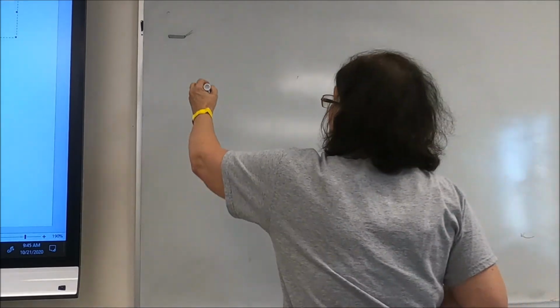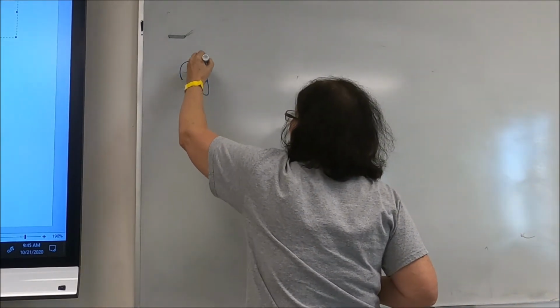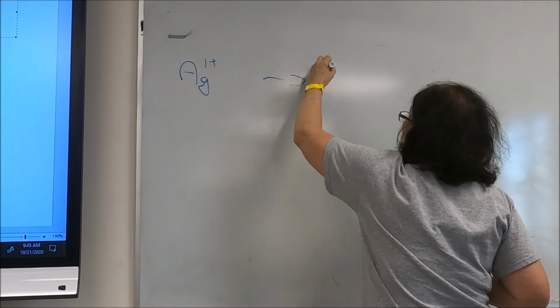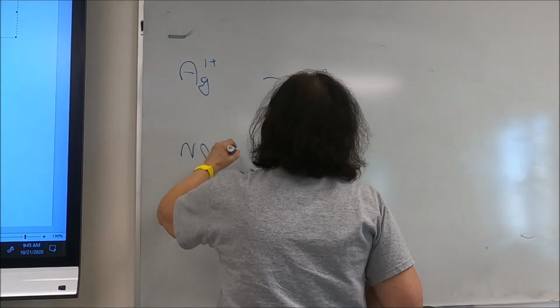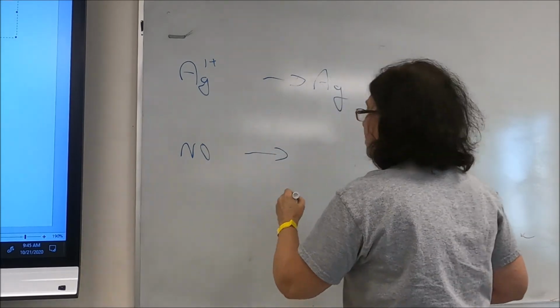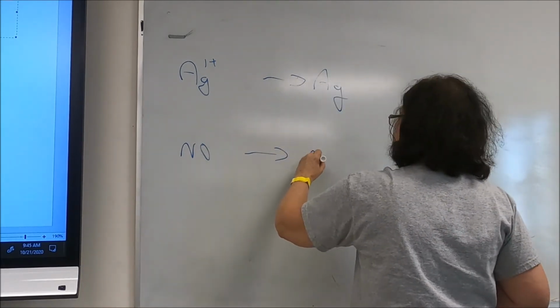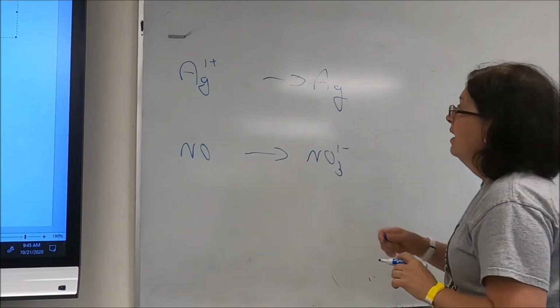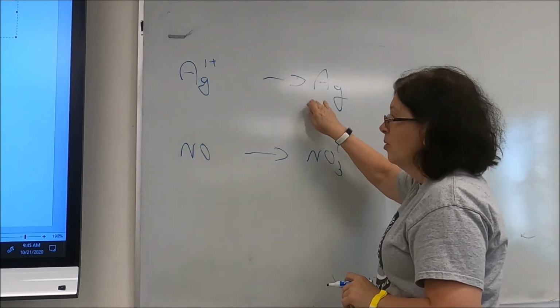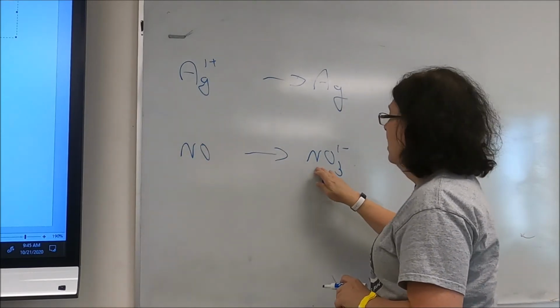So, I'm going to start out by dividing it up into silver 1+ going to silver, and nitrogen monoxide going to the nitrate ion. Now, silver elements are balanced, 1 nitrogen, 1 nitrogen.